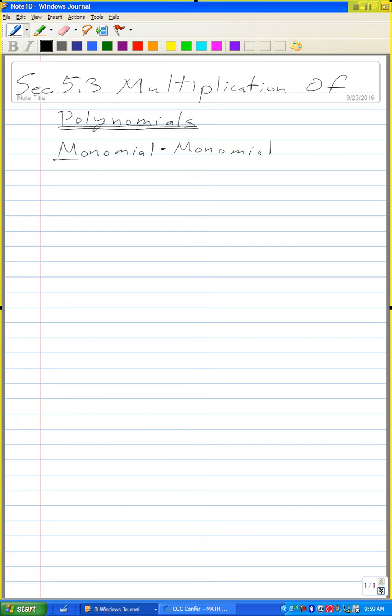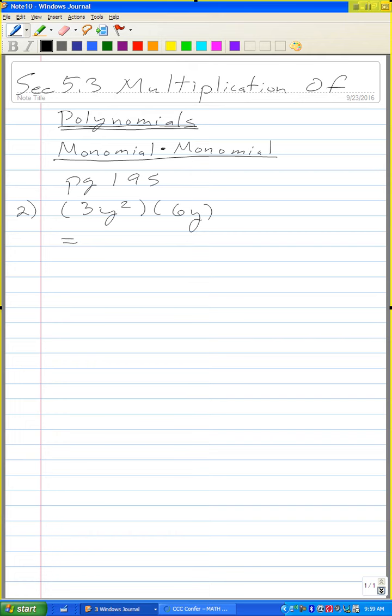So on page 195, let me do problem number 2. 3y squared times 6y. In exercises 1 through 16, find the product of the pair of monomials. So let's multiply these.